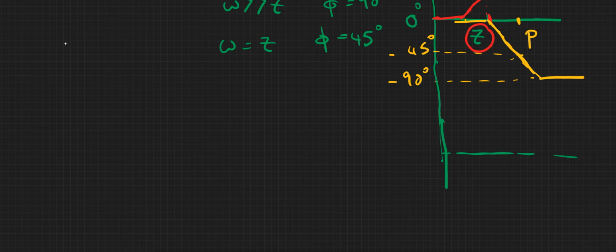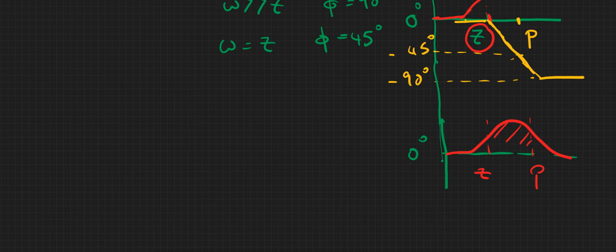So if this is our 0 degrees, we will have a phase that increases and then goes back again. Between the zero and the pole, the phase is going to increase.